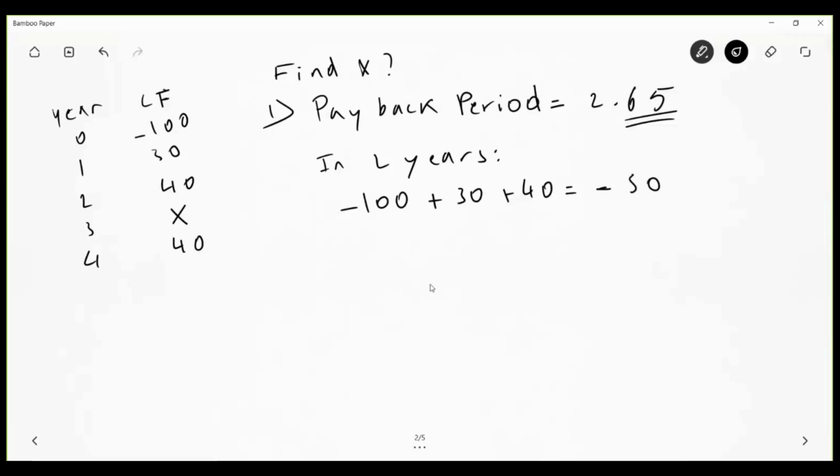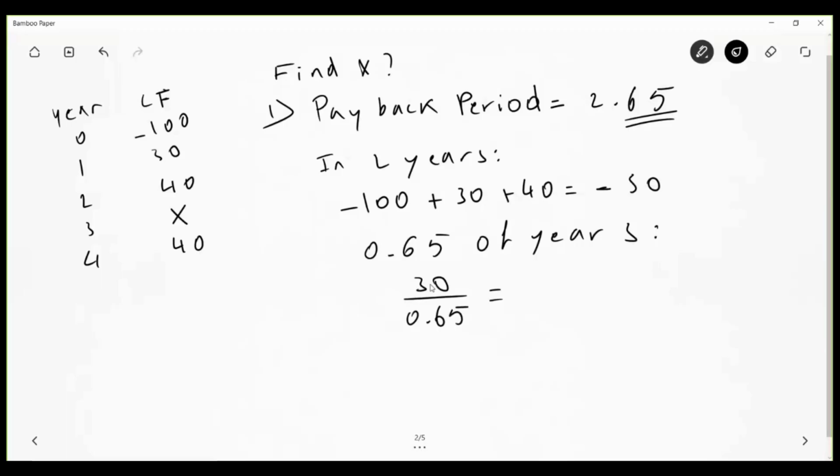And because here I need only 0.65 of year 3, I can say that the cash flow in year 3 is 30 divided by 0.65. The answer here is $46.15.